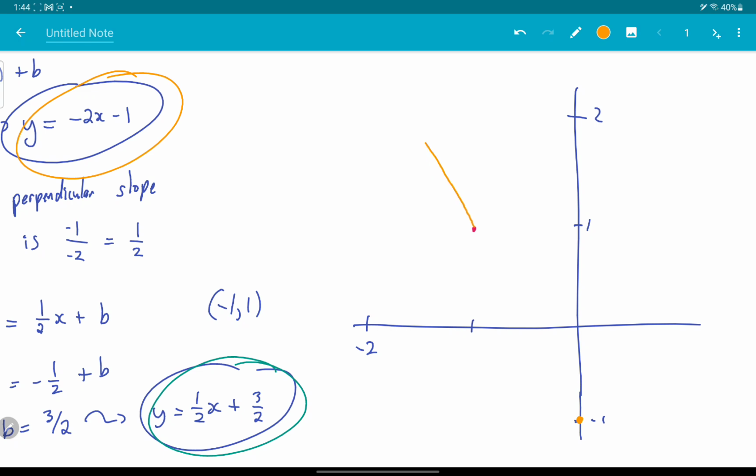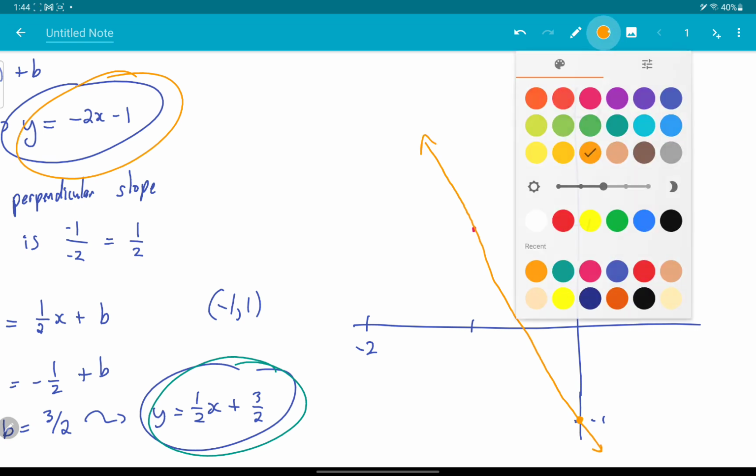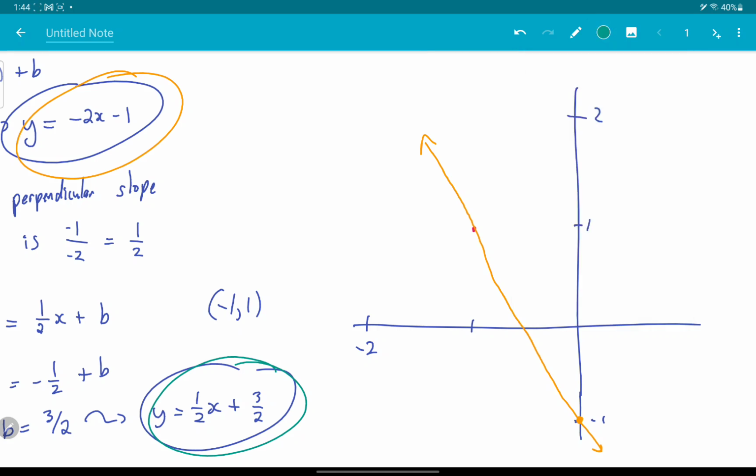So something like that. Oh, that's not very straight, but you get the idea. And then my normal line will go from this point with a slope of 1/2. So my rise over run is 1 over 2. So I would put the next point right here. Something like that.